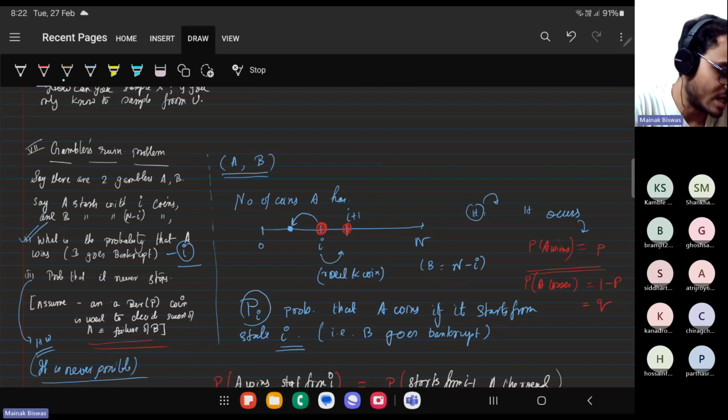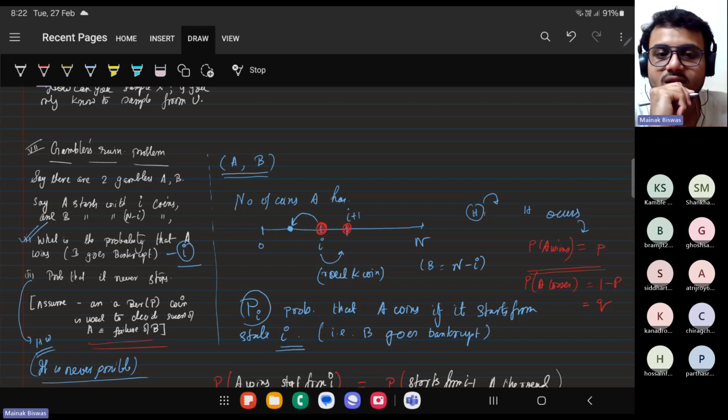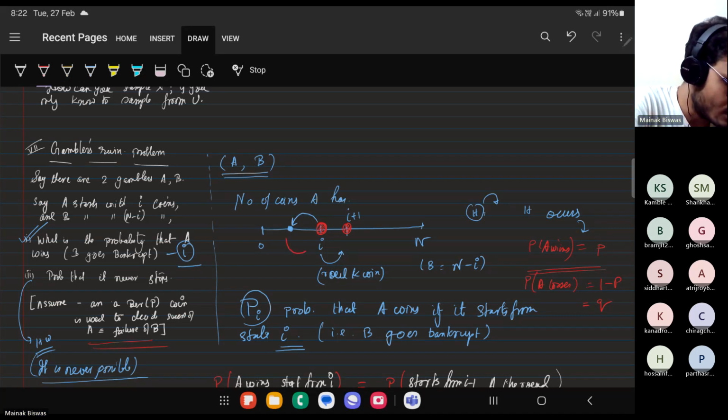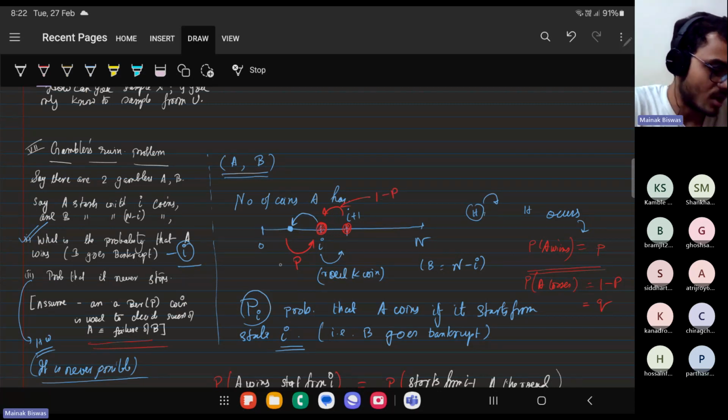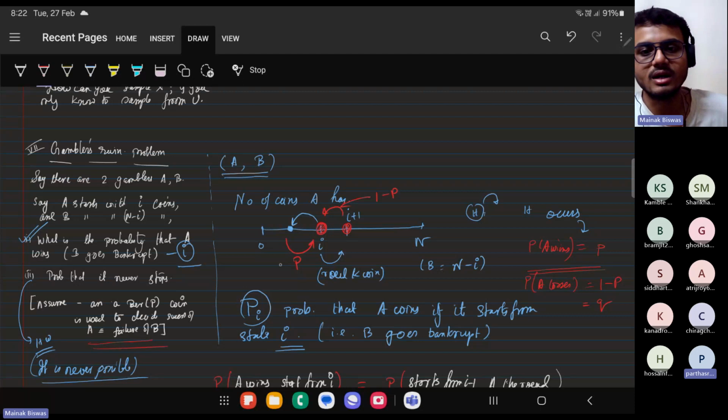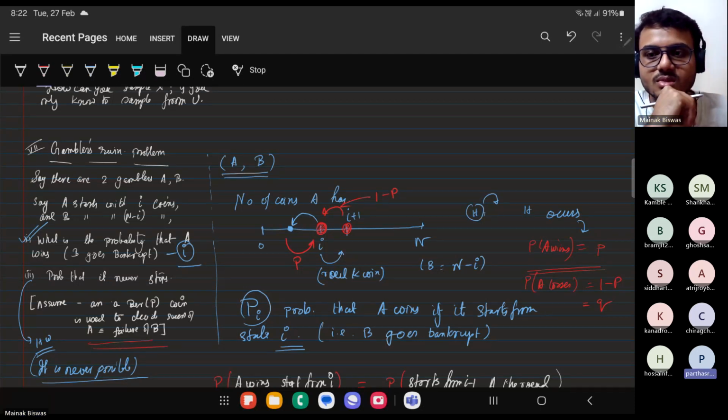So how can you come to state i? From i you can go to i minus 1 and i plus 1. So I can come to i from i minus 1 with probability p, and from i plus 1 with probability 1 minus p. Is it clear? That solves most of your problems.